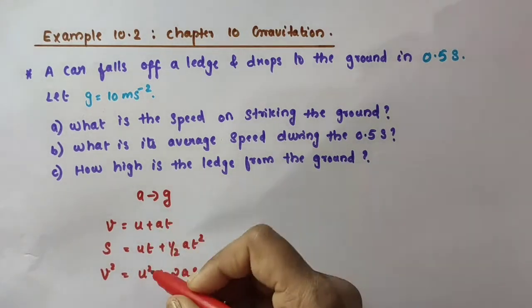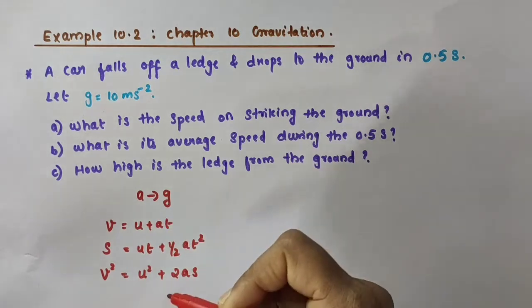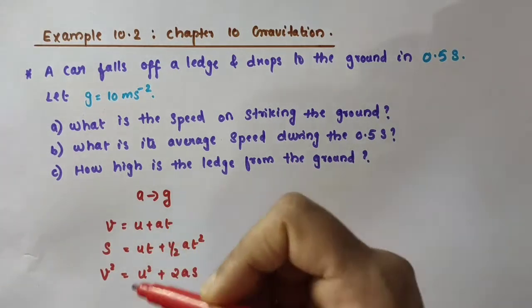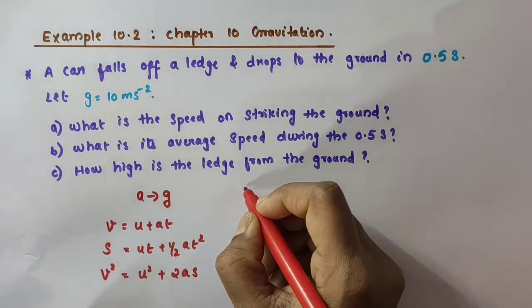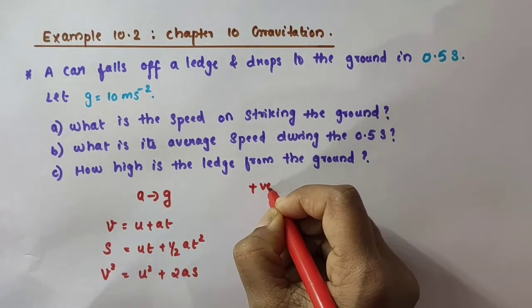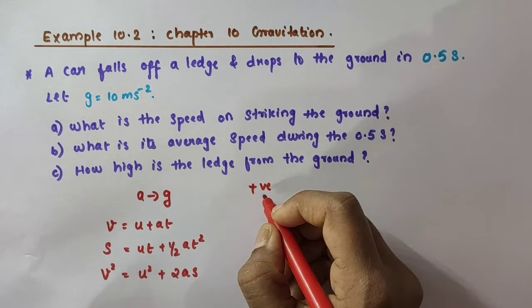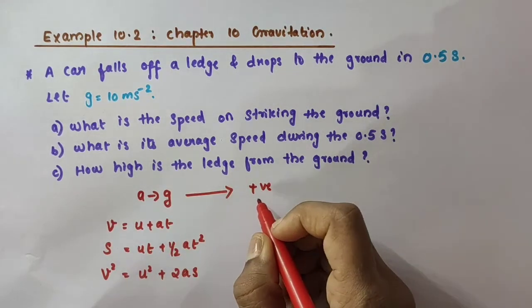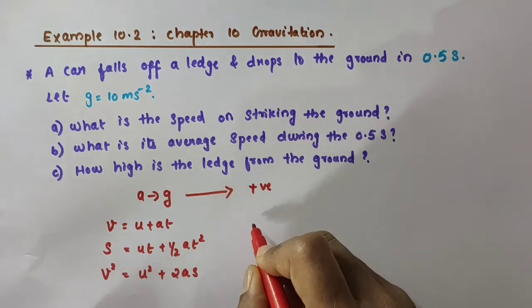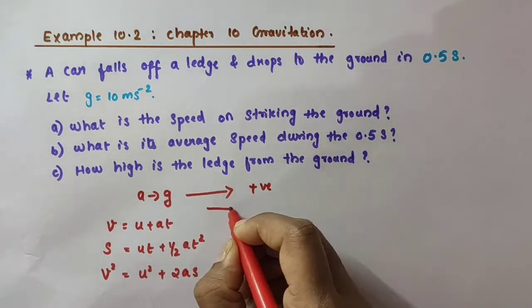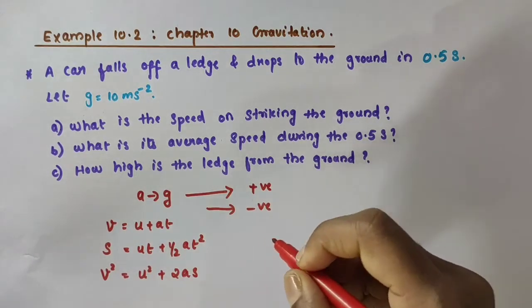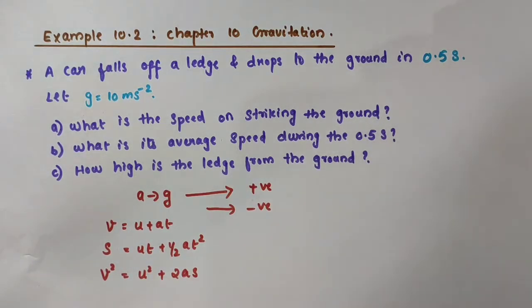While applying these equations, we take the acceleration to be positive when it is in the direction of the velocity, that is, in the direction of motion. And acceleration will be taken as negative when it opposes the motion.